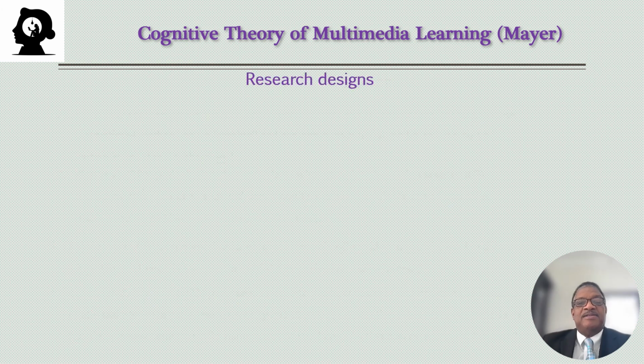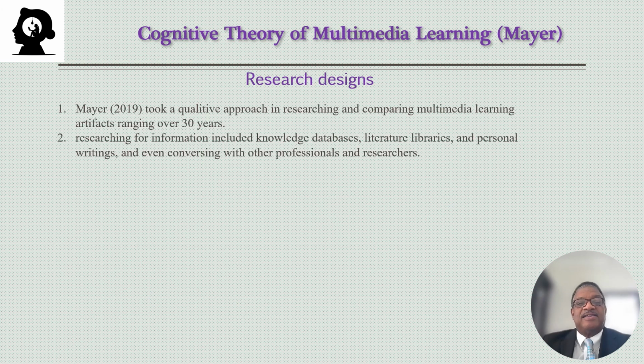Okay. Now in the designs, Mayer took a qualitative approach in researching and comparing multimedia learning artifacts ranging over 30 years. Then he said researching for information included knowledge bases, literature libraries, and personal writings, and even conversing with other professionals and researchers.